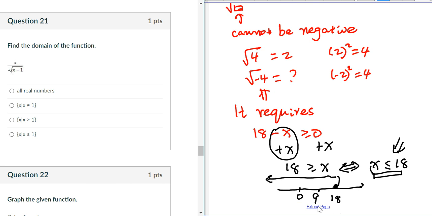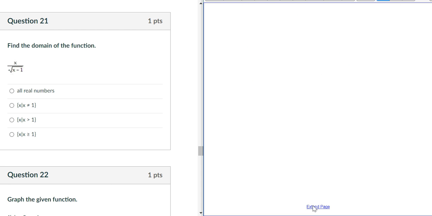So since this is on the denominator, x minus 1 cannot be 0, because radical 0 is 0. And here also requires x minus 1 inside the radical sign greater than or equal to 0. Those two together give you x minus 1 greater than 0, not equal to.